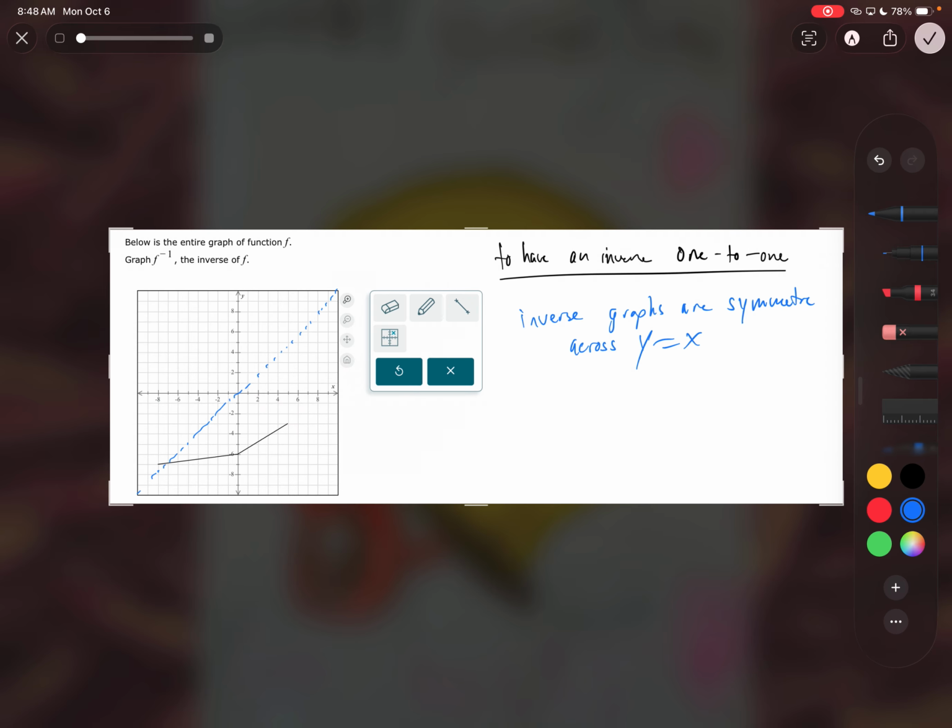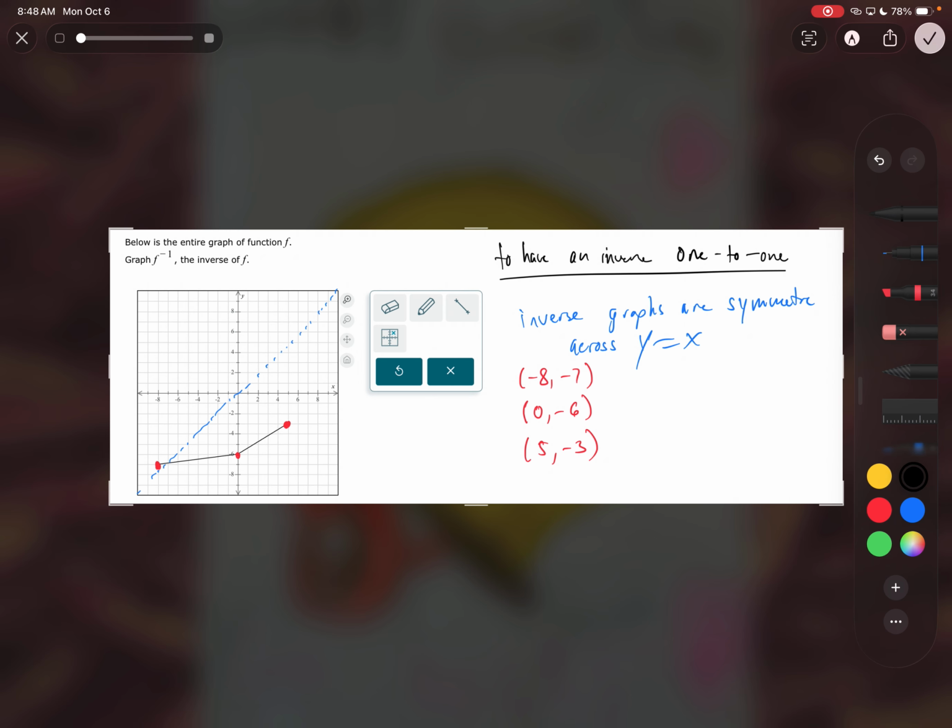It'll flip over. Now, this is actually super easy to do. The way you want to do this is find every vertex point, every turning point, and write down those points: -8, -7, 0, -6, and 5, -3.